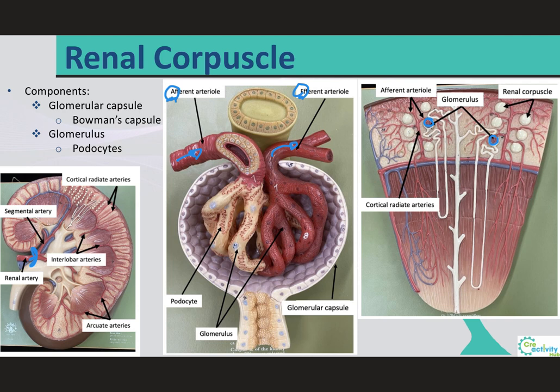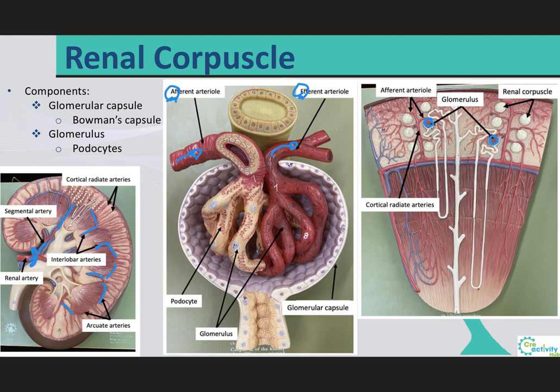The first one is the segmental artery, which, like the name suggests, will segment further into the interlobar arteries, which also, like the name suggests, will pass in between the renal columns, which is what separates the renal lobes. Then it heads up and curves around the renal pyramid, forming an arch, becoming the arcuate arteries.